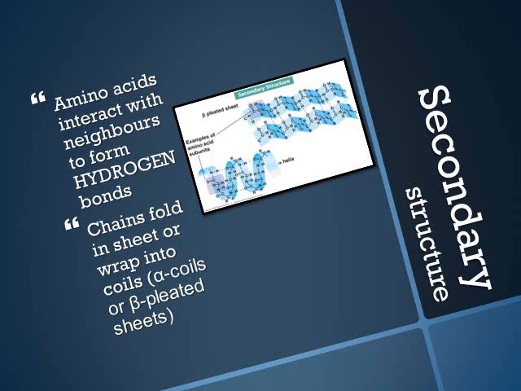So we've got hydrogen bonding that forms a very regular pleated, folded structure in a beta pleated sheet. And in the alpha helix, we end up with something a little more twisted, but again, a regular structure of interaction, because if you look in the backbone, you've got hydrogen, hydrogen, oxygen, hydrogen, hydrogen, oxygen. It's a very regular pattern.